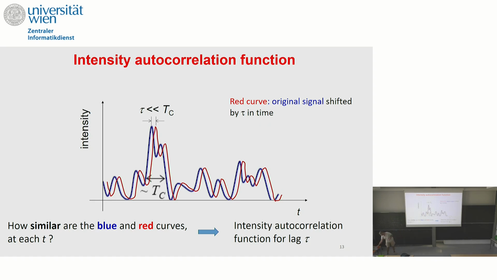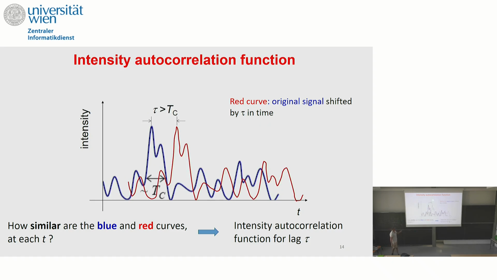If, by contrast, you shift the red curve by a delay tau, which is much longer than the characteristic time scale of these fluctuations, then time by time, on average, there will be no correlation between the value of the red curve and the blue curve. The red curve might be very high, while the blue curve at the same time is very low, and vice versa.